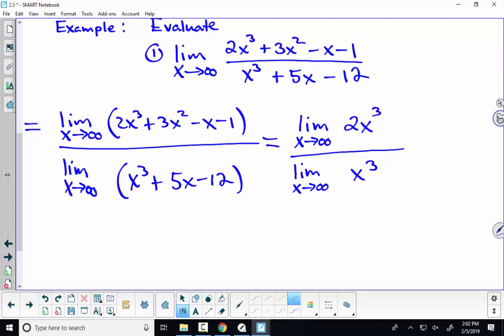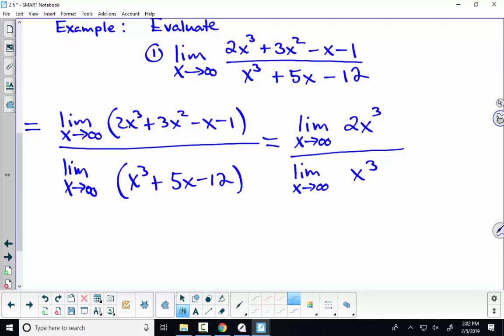Now, before we actually compute the limit as x goes off to infinity, what do we know about 2x cubed divided by x cubed? It's going to give us the horizontal asymptote, just by the nature that we're computing the limit at infinity of a rational function. That's correct. Also, what do we know about 2x cubed over x cubed?